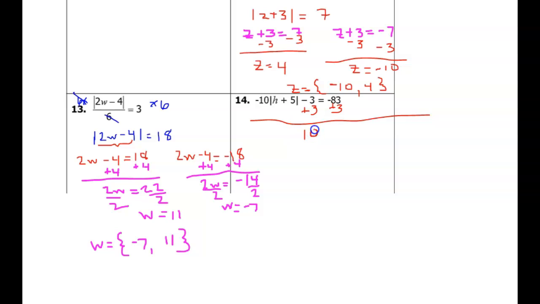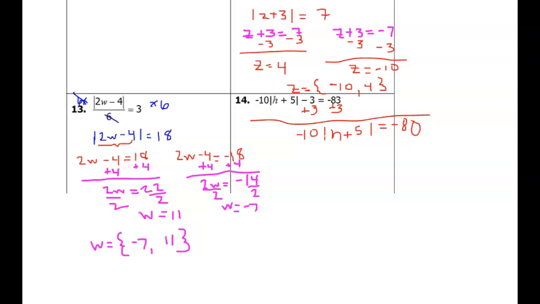I get negative 10 times the absolute value of h plus 5 is equal to negative 83 plus 3. Well, I owe $83. I paid the person $3. Now I only owe them $80.